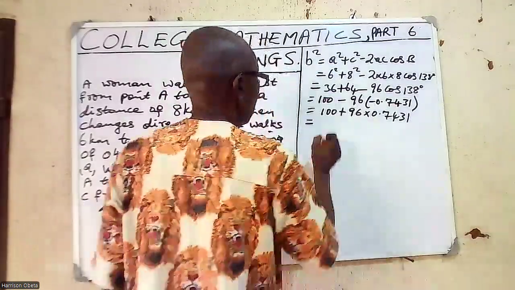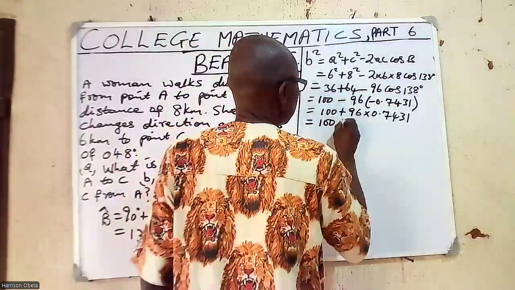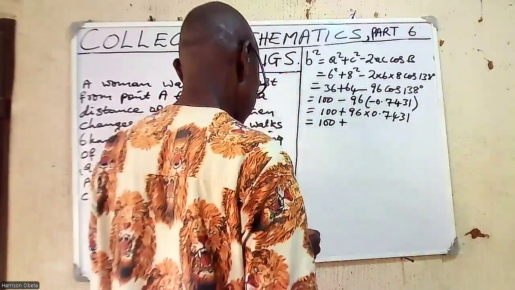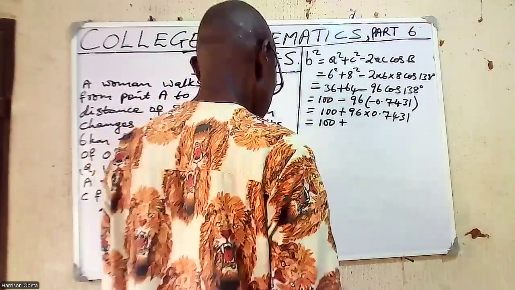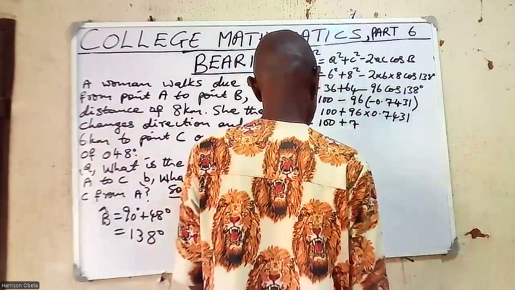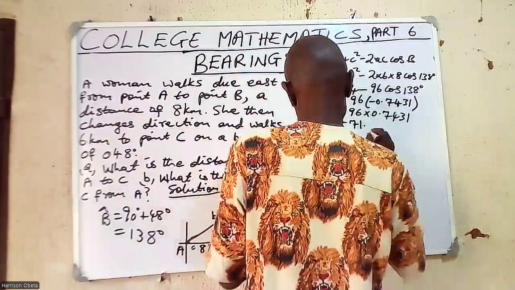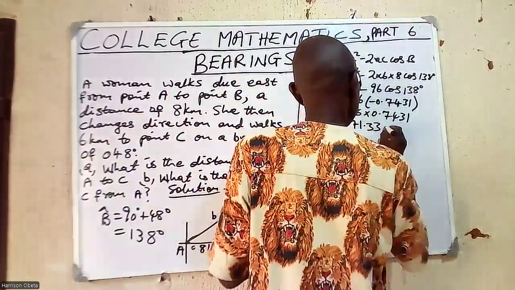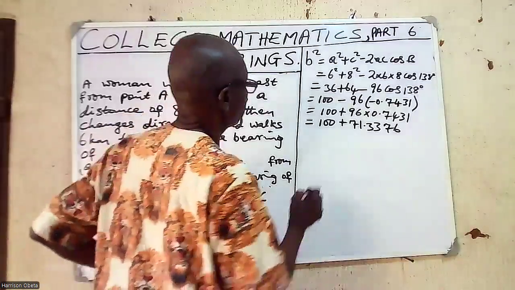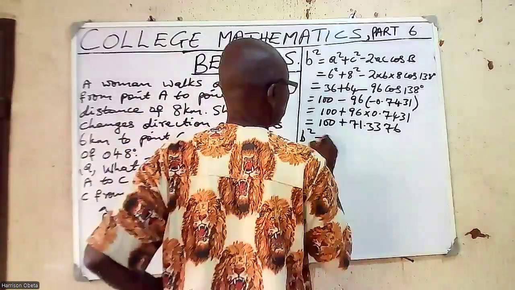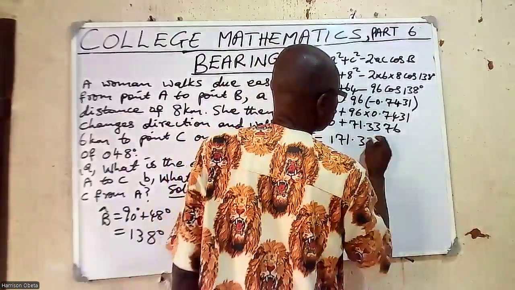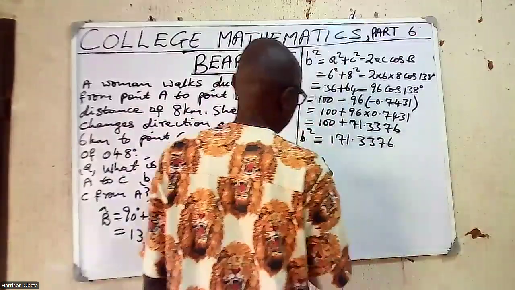And that will give us 100 plus, when you multiply out, 71.3376. If we add it, b squared gives us 171.3376.